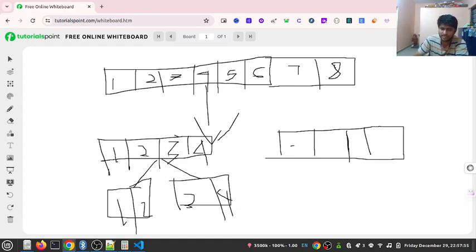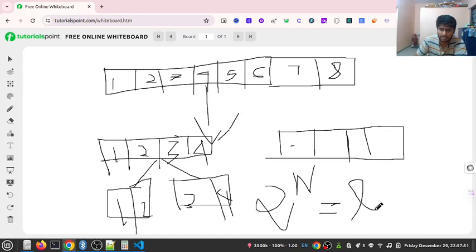Now if you understand logarithms, right? Log n, 2 to the power of n is nothing but, how can you represent it? Let's say 2 to the power of 3 is there, right?